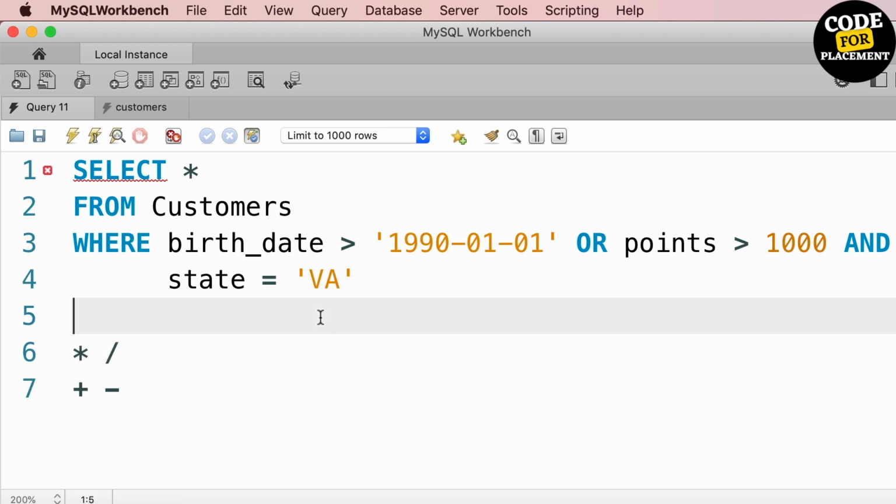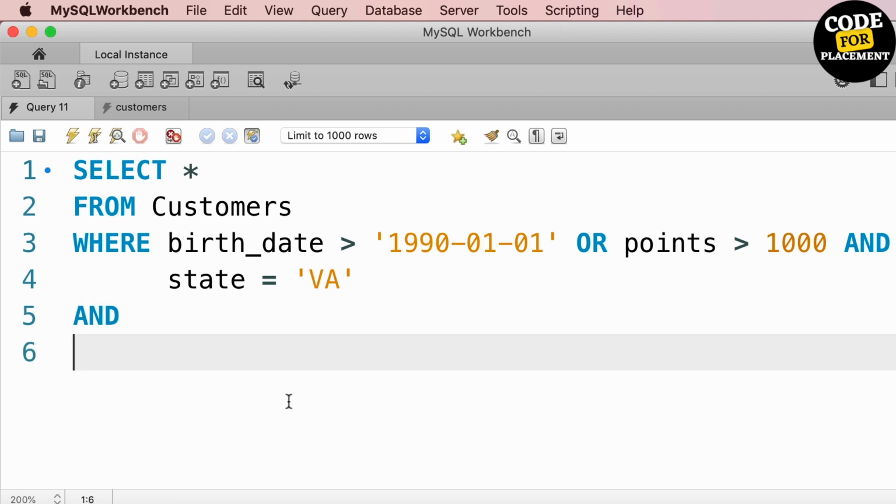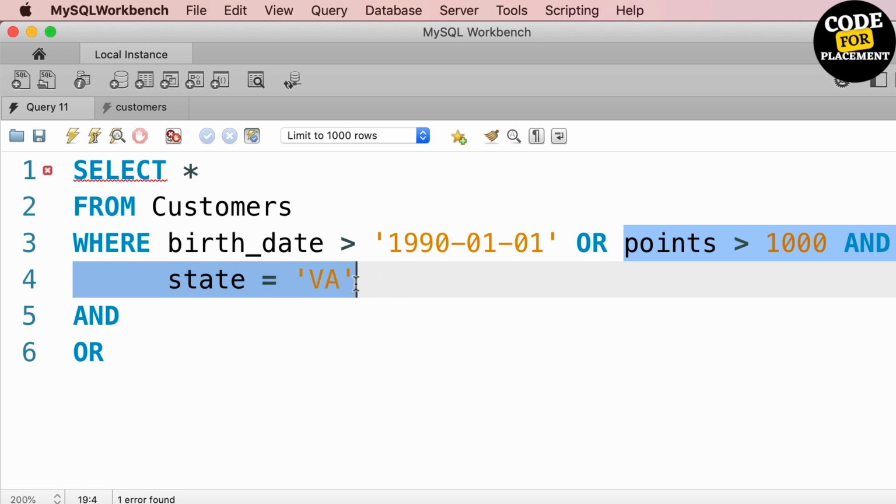Earlier I talked about our arithmetic operators. I told you multiplication has higher precedence than addition and subtraction, and after that the parentheses. In the same way with the logical operators, the AND operator is always evaluated first.